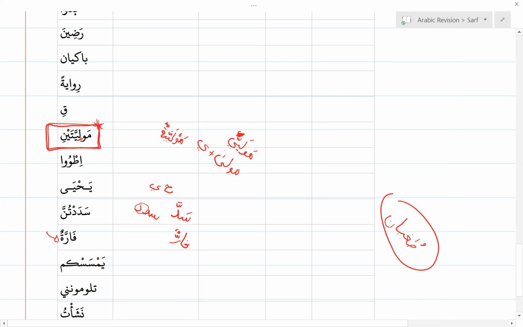We just did this. It could be hayya or muda'af, hayya. So you can either treat it as muda'af, where you say hayya, or you treat it as naqis, hayya yahya. That's the process, guys.